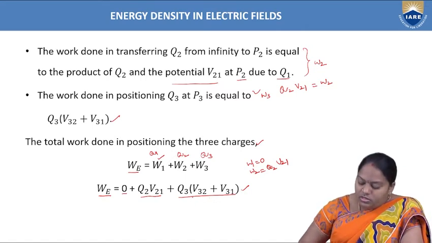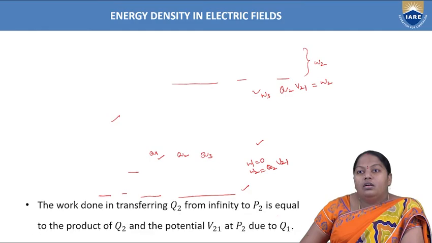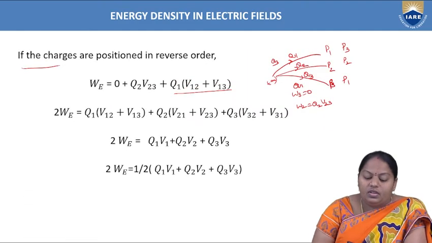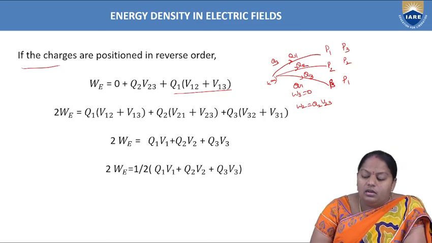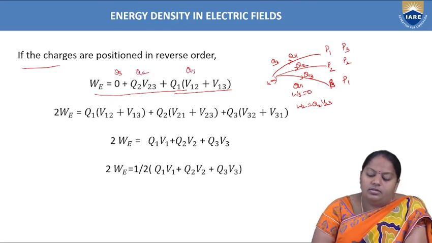Suppose the positions are interchanged and the charges are also placed in the reverse order, then the work done to assemble the three charges Q3, Q2 and Q1.